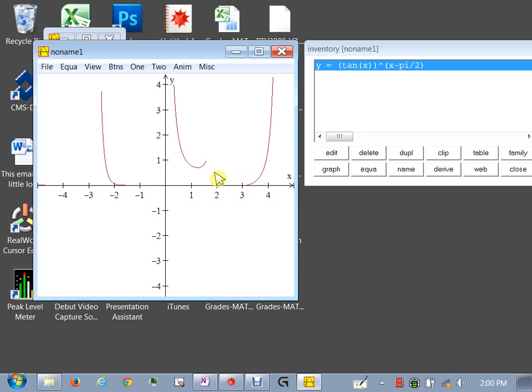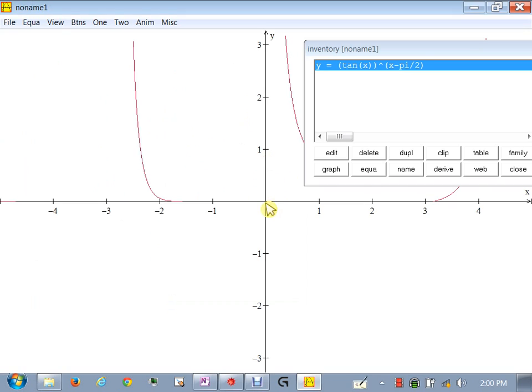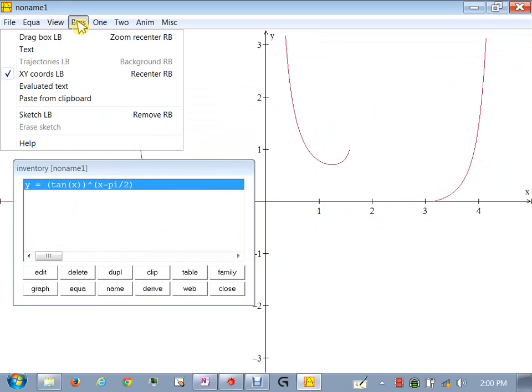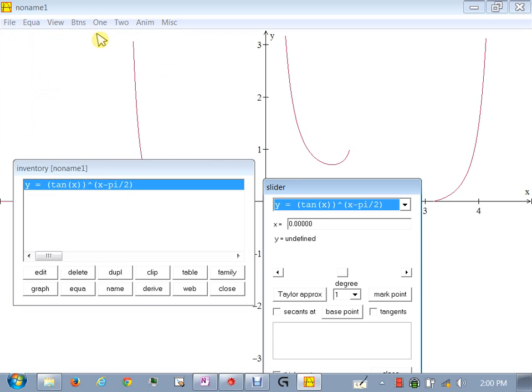Now, where is pi over 2? About right here, right? Try and zoom in here. Here's pi divided by 2. It's going to give me undefined.